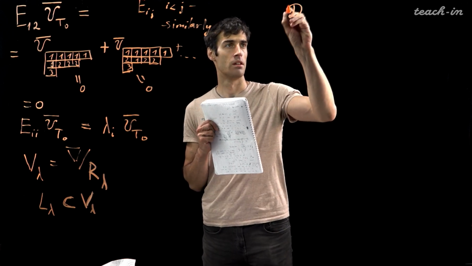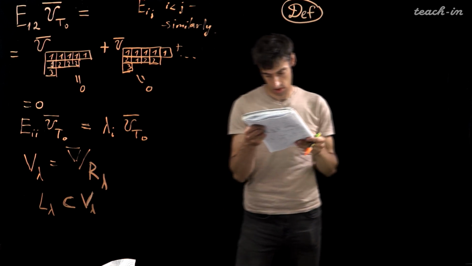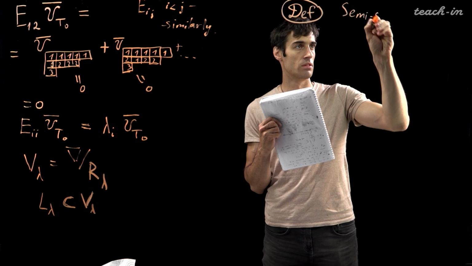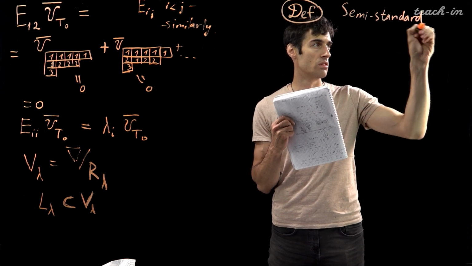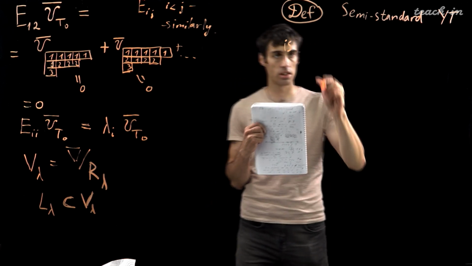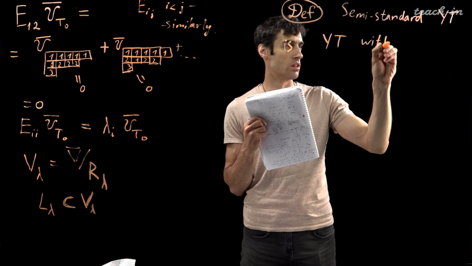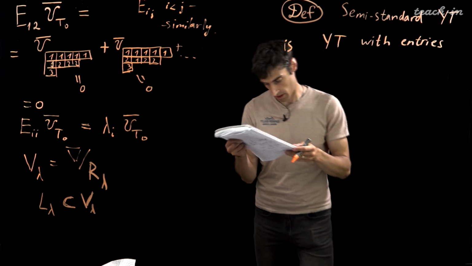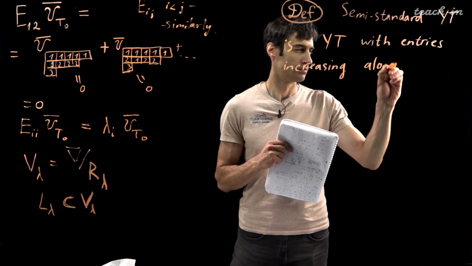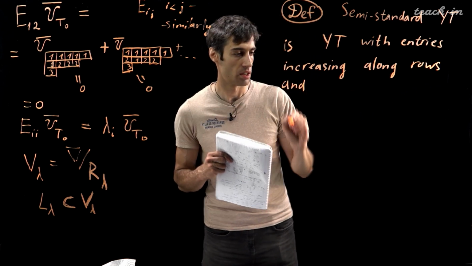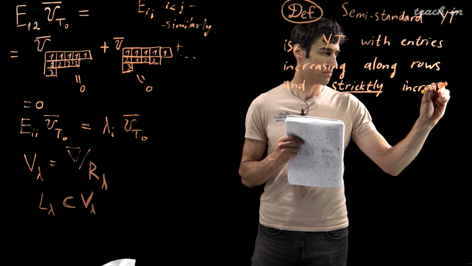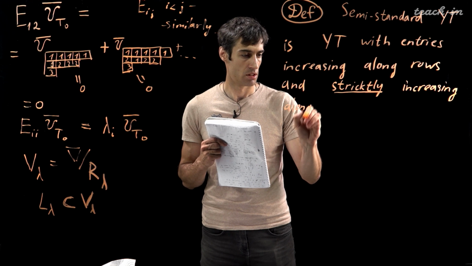Definition. A semi-standard Young tableau is a Young tableau with entries weakly increasing along rows and strictly increasing along columns.